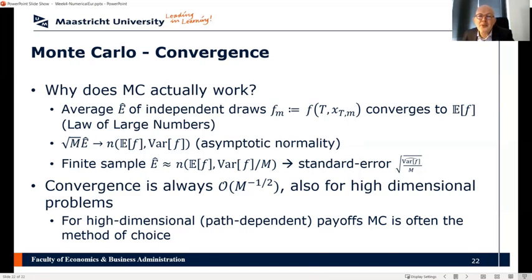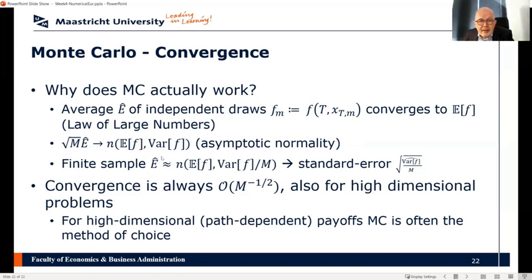In a finite sample, I can use the asymptotic normal distribution to make an approximation of the probability distribution of my estimator E hat. I then know that this estimator is unbiased. It's a normal distribution with the correct mean.